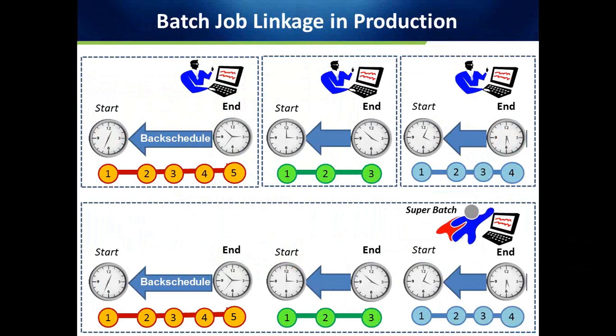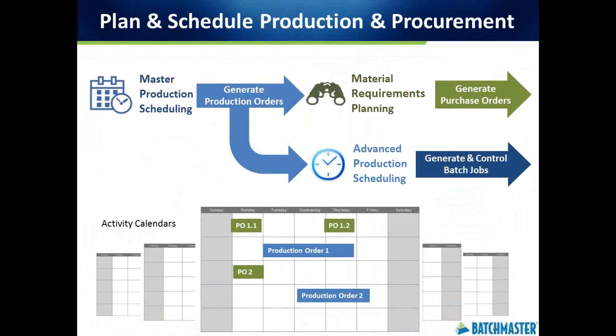You basically start with what end result you want, and it back-schedules all the particular batch jobs and steps. When you do that, you're dealing with planning and scheduling, both of production orders and any necessary purchase orders that need to support those production orders. If you're familiar with MPS and MRP, we do provide those capabilities, as well as APS, which is more granular control of those batch jobs.